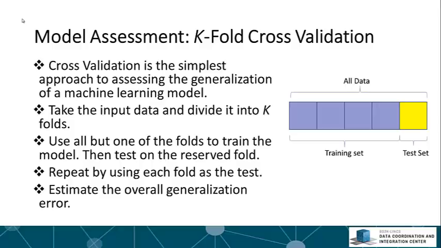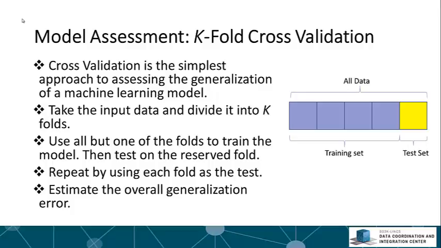A very simple and commonly used approach to estimating the test error, and thereby estimating the accuracy of the model and its generalization, is k-fold cross-validation. What we do here is we take all the data that we have and we divide it into a number k of equally sized partitions. Then we reserve one of those partitions for later and take the rest to train our machine learning model.